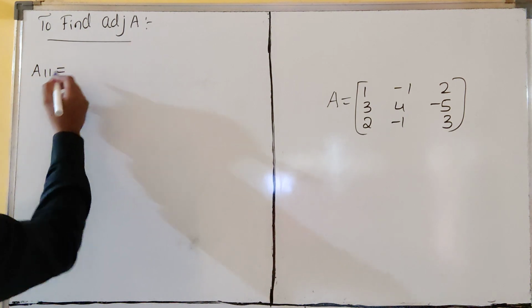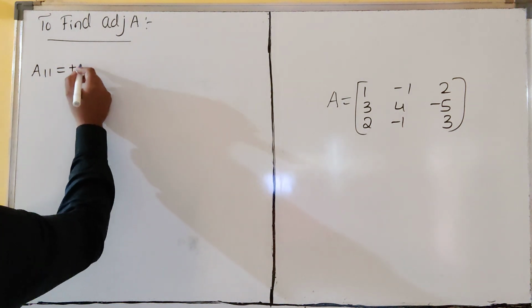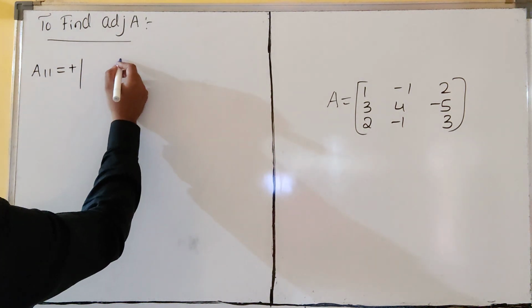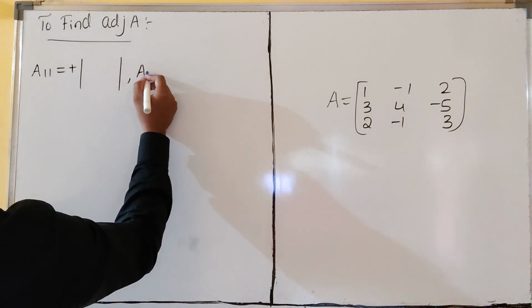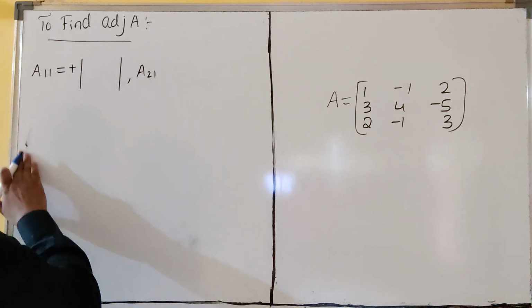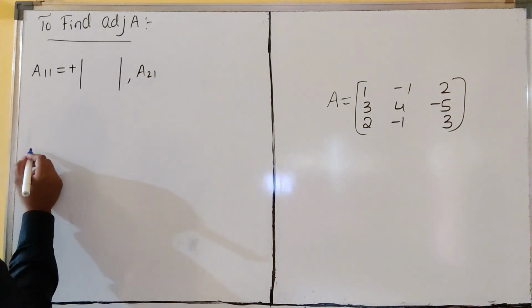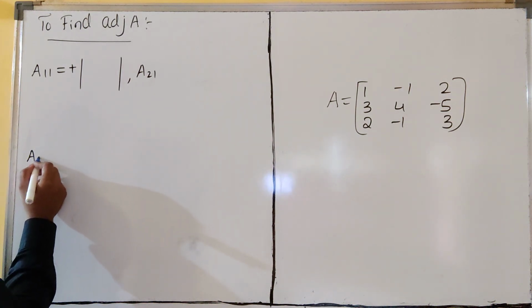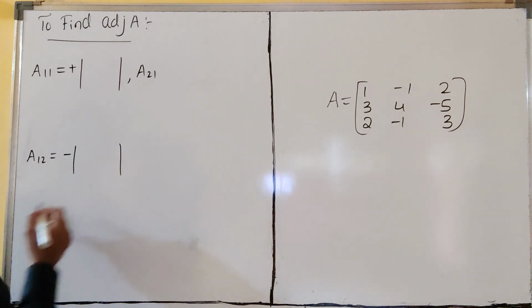Cofactors, how to find? A11. You know the signs. Next is A21. So I will write here. Other things will make you very clear. Now see what will happen. A12, arrangement we will do.